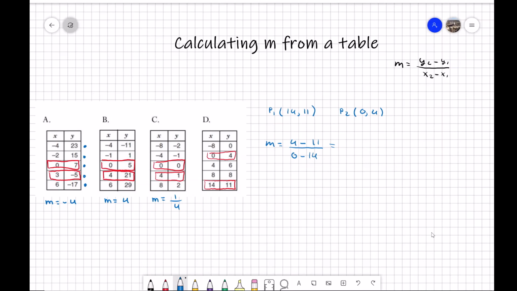We end up with negative 7 divided by negative 14, which is the same as 1 over 2. So we end up with m equal to 1 over 2 for D.